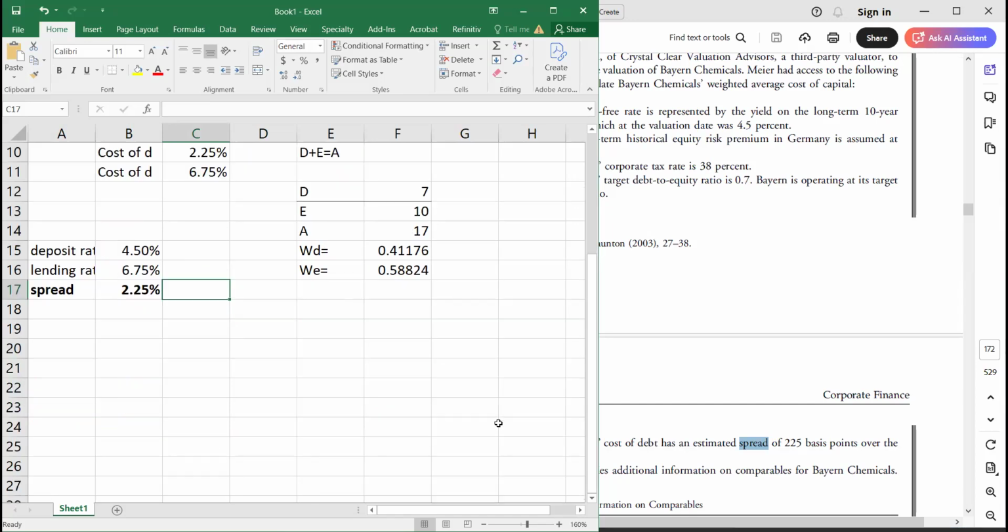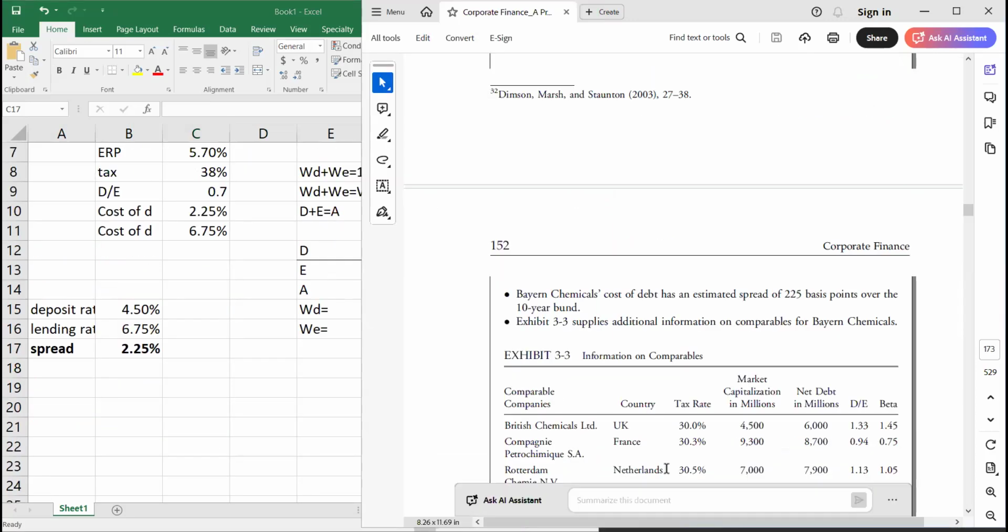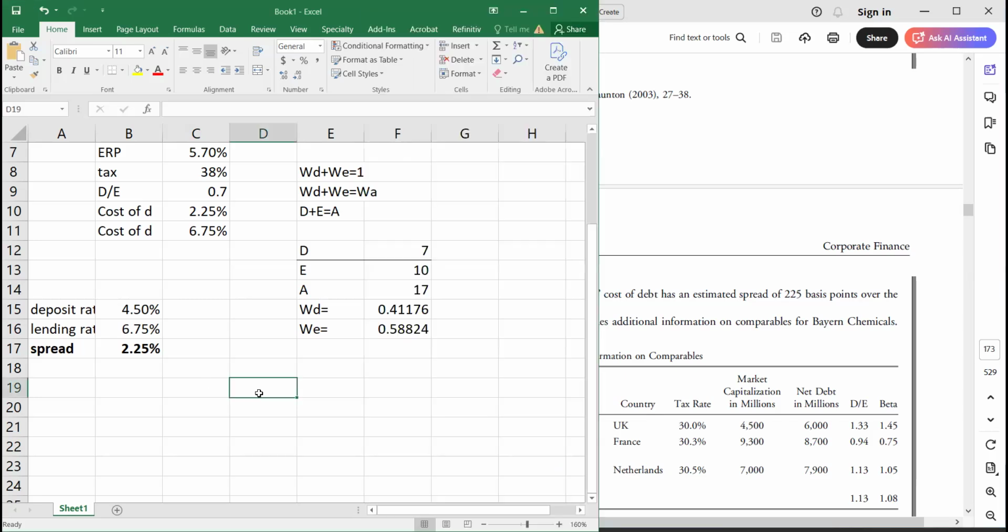So here, they have given us 3 comparable companies: one is UK, the other one is France and the Netherlands. Since these companies come from Europe, it means the same region.